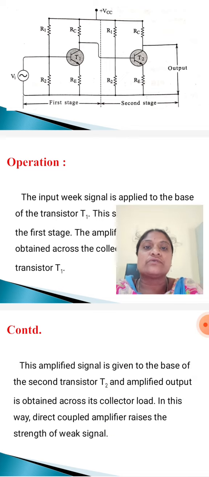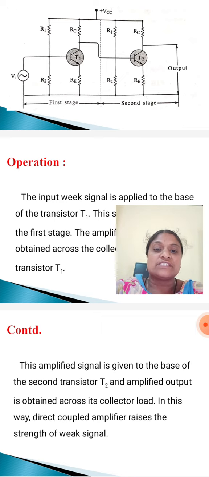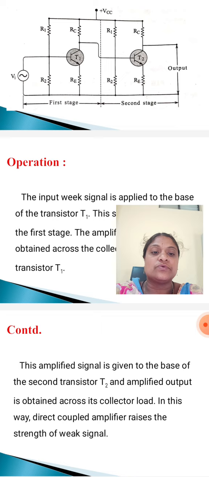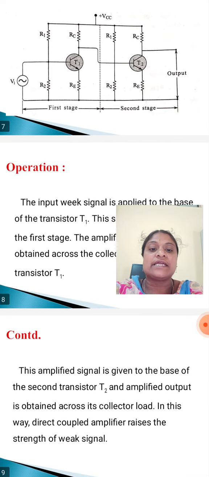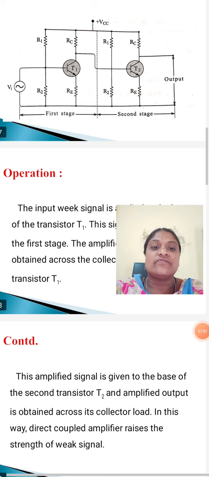Next, the amplified output signal of the first stage is given to the base of the second transistor T2, and this transistor also amplifies the signal, so the amplified output is obtained across its collector load at the second stage. In this way, the direct coupled amplifier raises the strength of the weak signal.